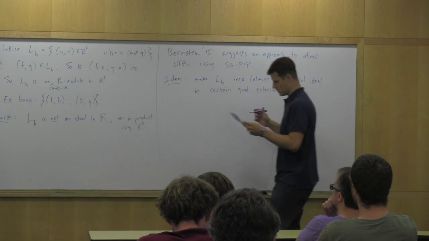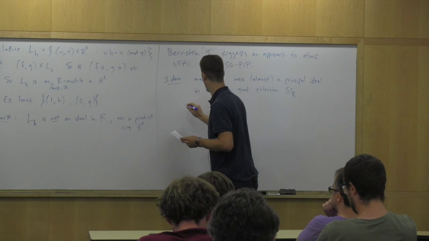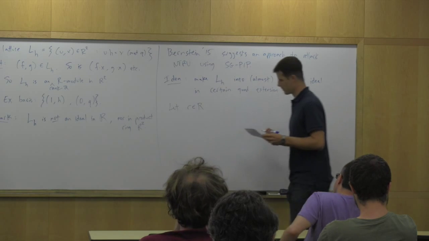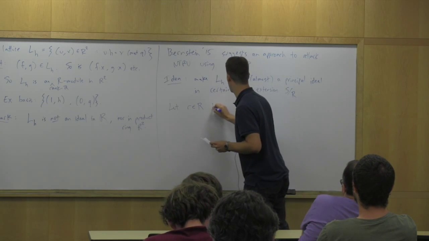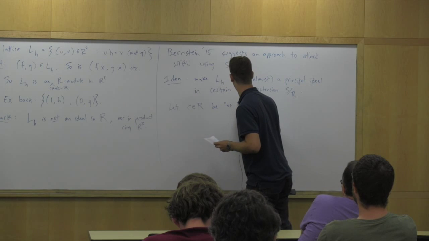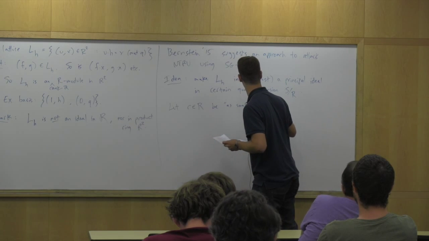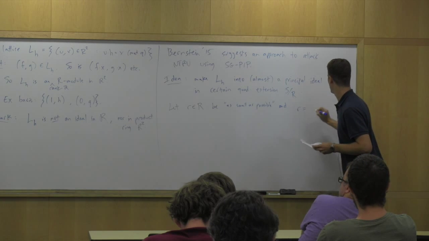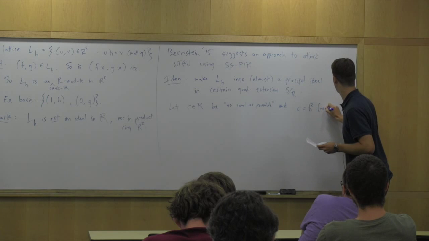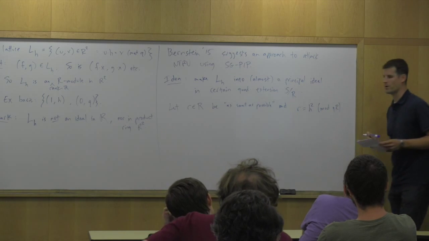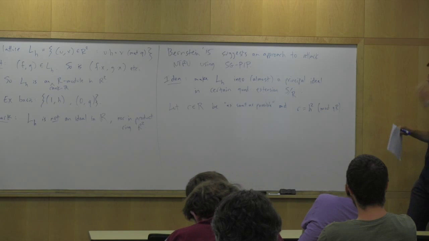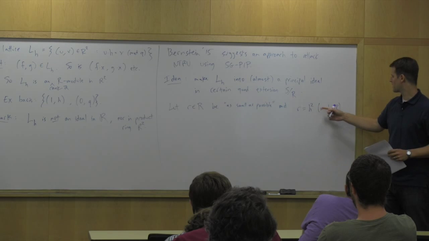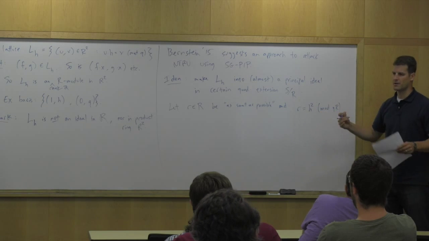Technically, what we're going to do is let r belong to the ring R be, let's say, as small as possible, and let's say that r will be congruent to H squared modulo Q. So what we can do is square H and then take its minimal representative at some basis of R, and just push it to be as small as we can make it.